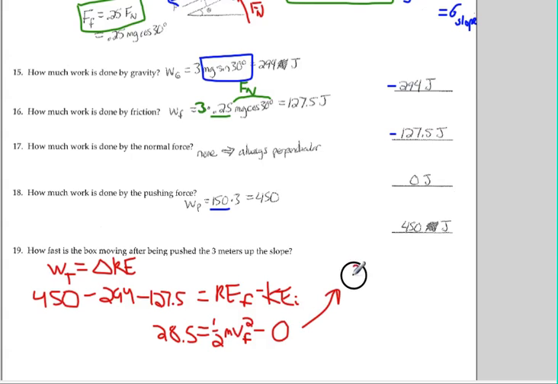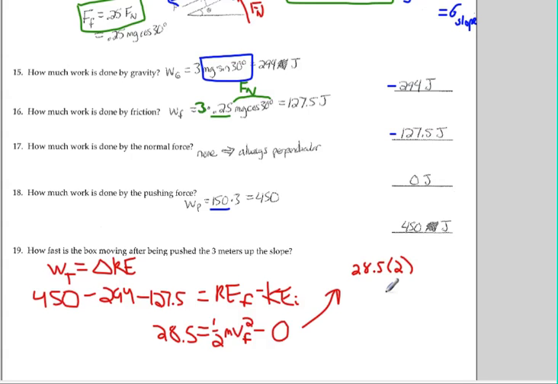So we go 28.5 times 2 to get rid of that half, divided by... where's my m? I don't know where my m went on here. Maybe I have the wrong answer. So we should have that times 2. Yeah, I don't know.